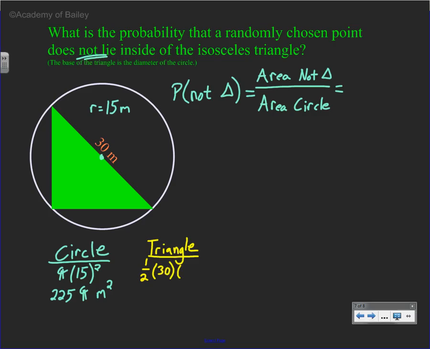What's the height? Well, since this is an isosceles triangle, we know that from the midpoint of this side to there is going to be the height. And you notice that the midpoint is also the center of the circle, and this vertex of that triangle lies on the edge of the circle, so therefore this is the radius of the circle, which is also 15.